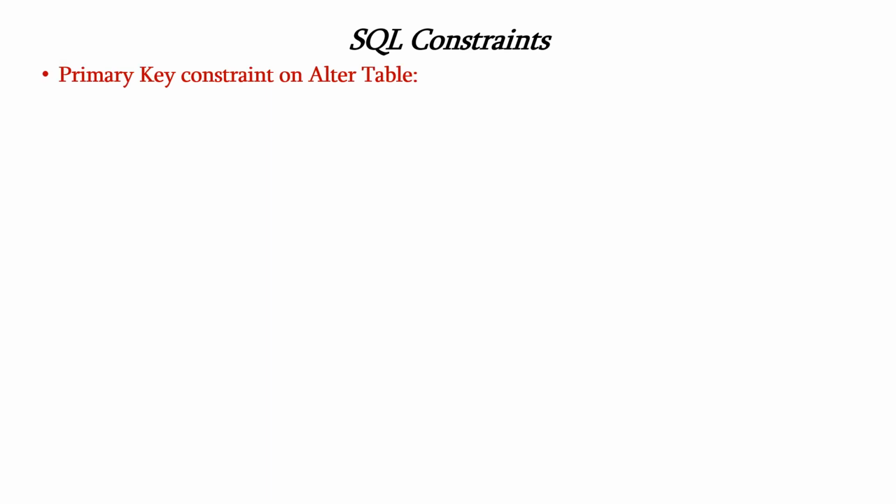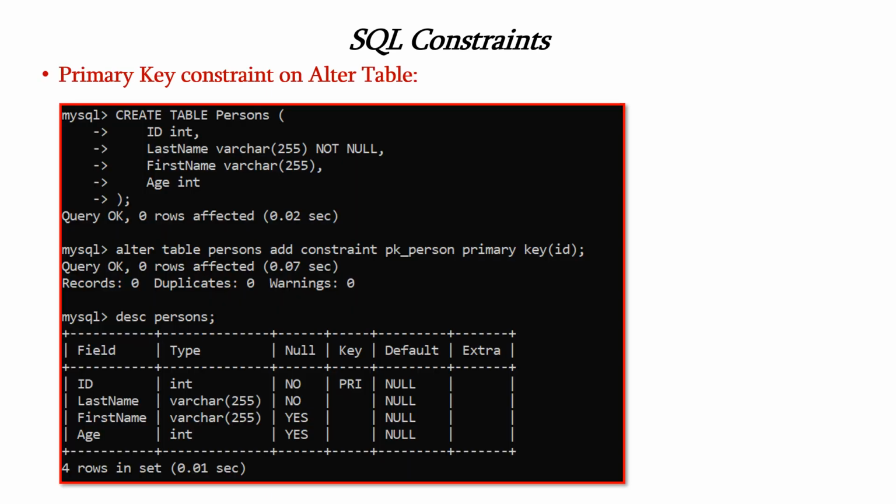Next, primary key constraint on ALTER TABLE. Suppose we want to add the primary key after the table creation, we can use the ALTER TABLE command. So ALTER TABLE, the table name is persons, ADD CONSTRAINT. So we are adding the constraint and we can give the constraint name as PK_person, and whatever constraint we want to enforce we have to give, and within the parenthesis we have to mention the column name.